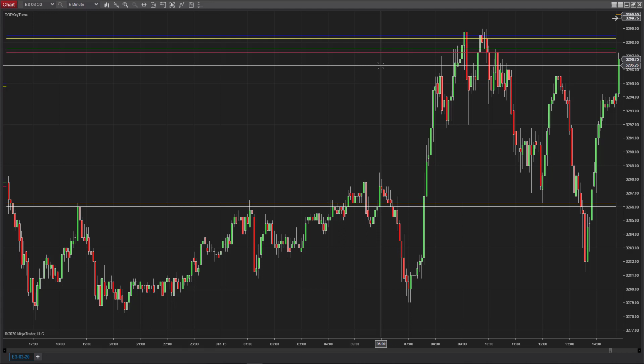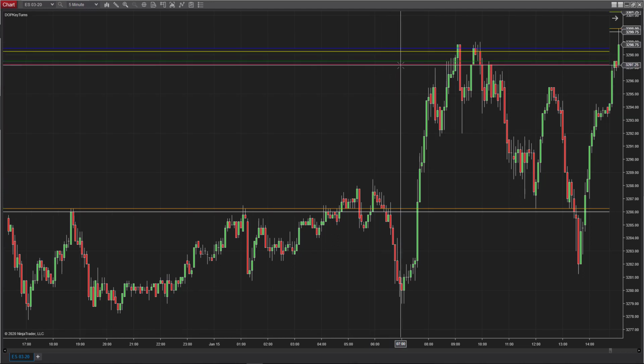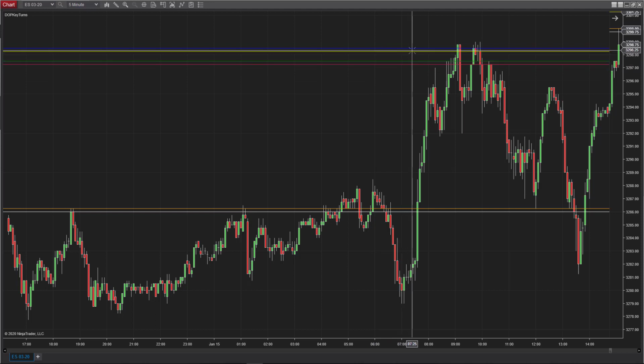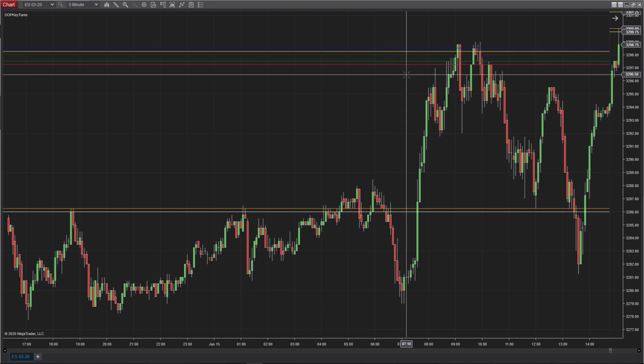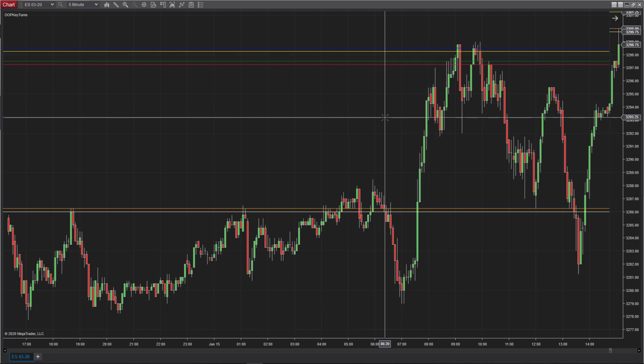Since they're one tick apart, I don't need to know what both of them are, so I typically just go for the lower one. That's the one I'm focusing on because I know I want to be short below it and long above it.